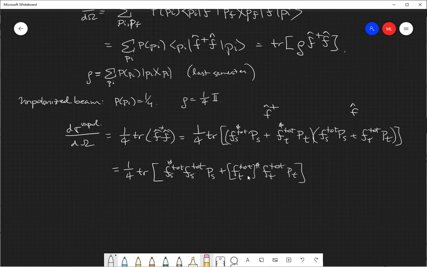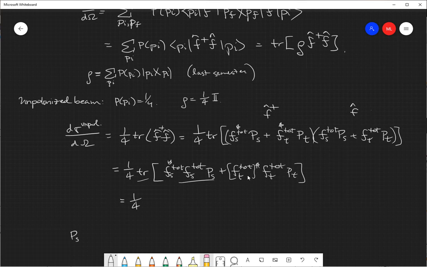And this is easy to calculate also because the trace will just give you the dimension of that subspace, right? So the trace of this guy, spin singlet, there's only one state corresponding to that.